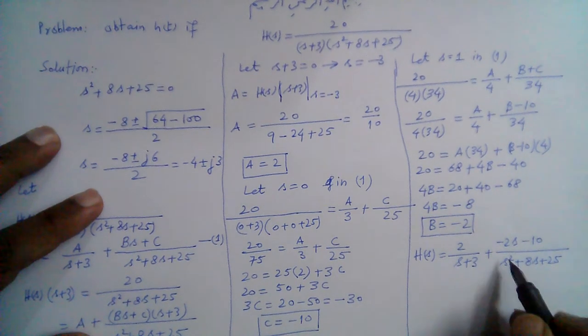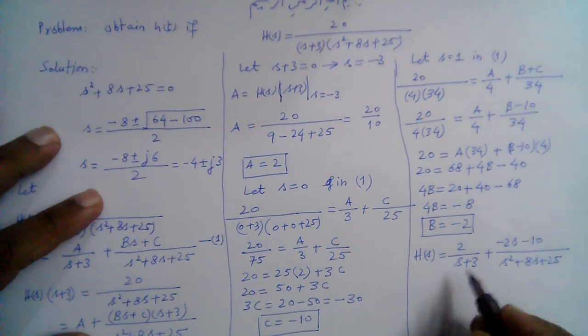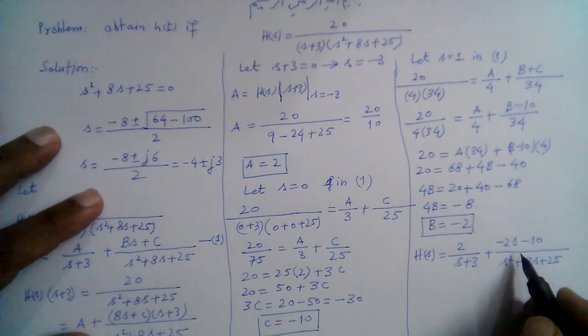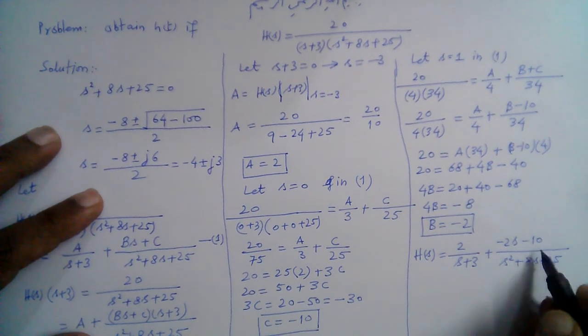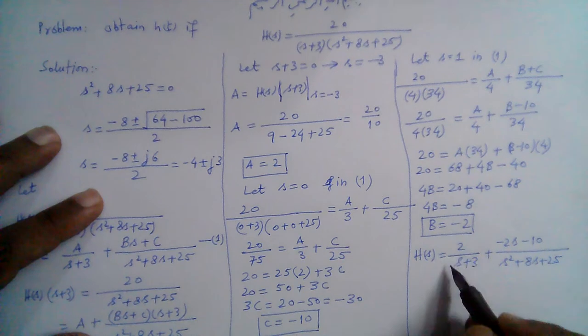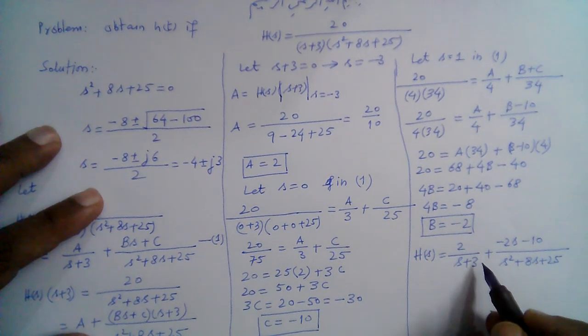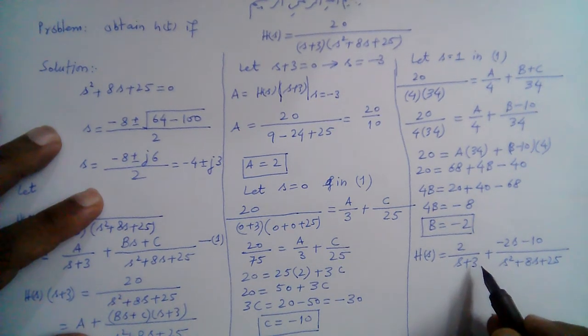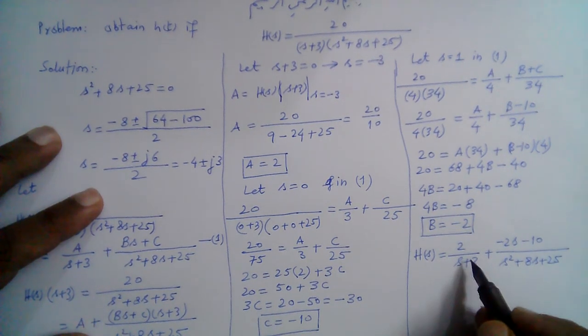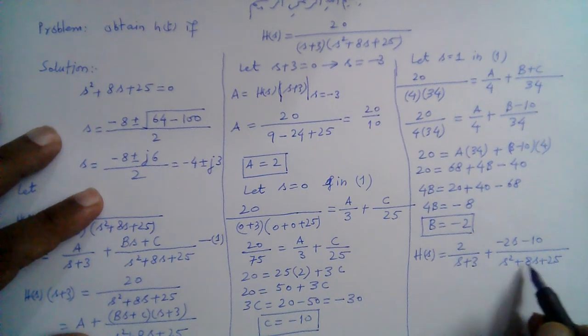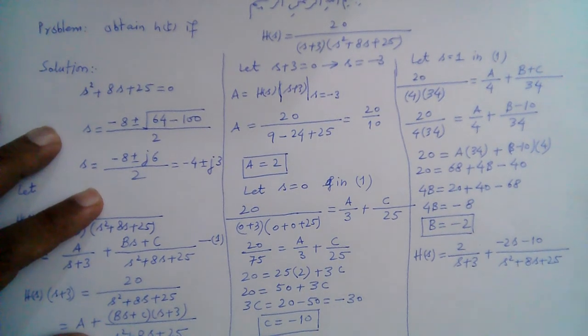So first we need to write this in a form so that we can find out the inverse Laplace transform for this term. The inverse Laplace transform for this term is easier. So we know that the Laplace transform of e to the minus at is equal to 1 over s plus a. So the inverse Laplace transform will be 2 e raised power minus 3t, but this term is somewhat difficult to figure out.